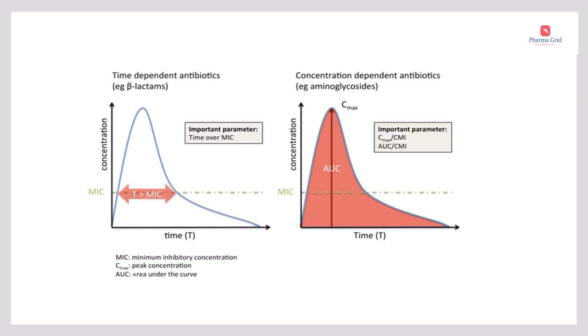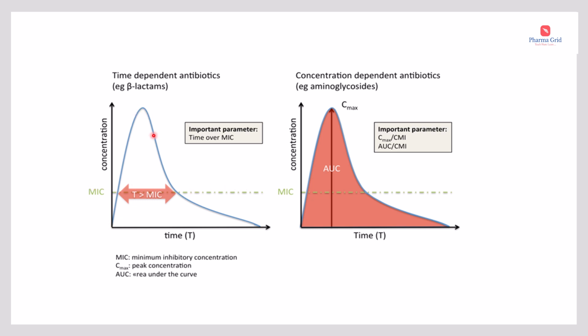So here you can see a graphical representation which will be helpful to easily differentiate between time-dependent killing and concentration-dependent killing. Let's take the first example, time-dependent killing, which is shown by drugs such as beta-lactam antibiotics. Here concentration versus time is plotted, and a line is drawn which is the MIC, the minimum inhibitory concentration.